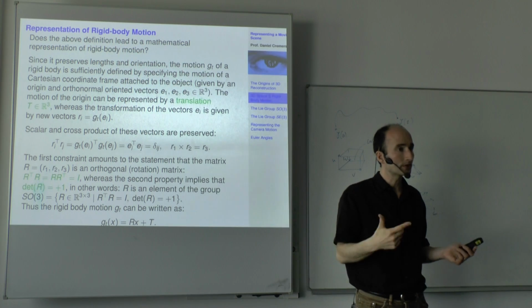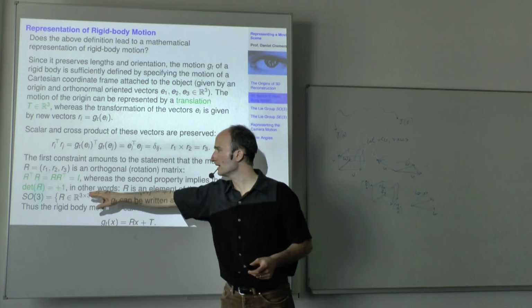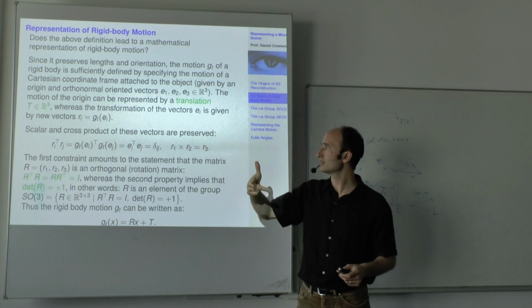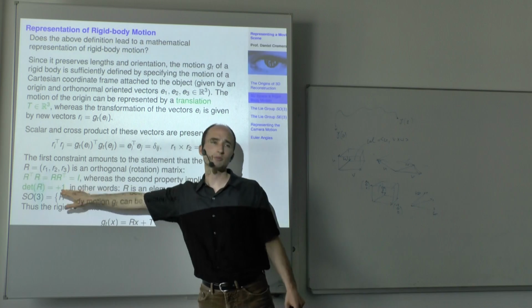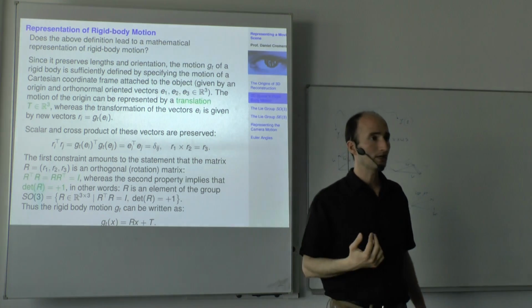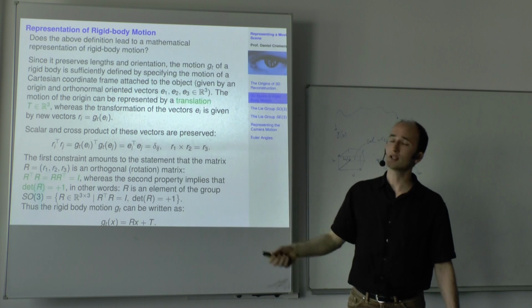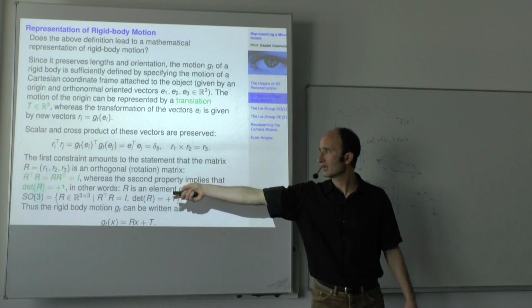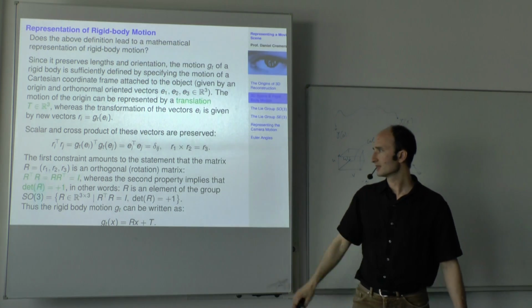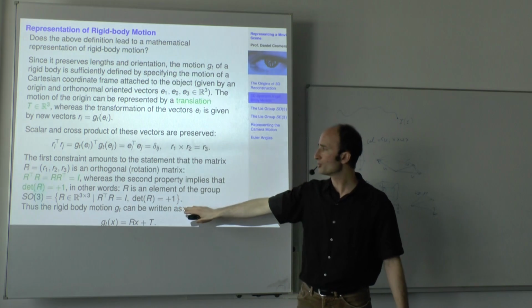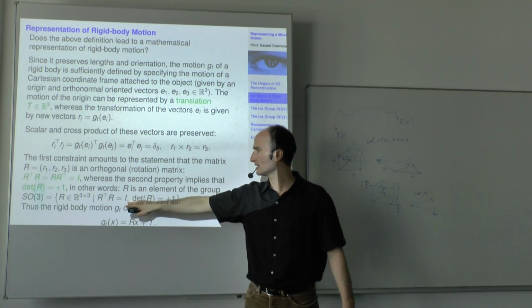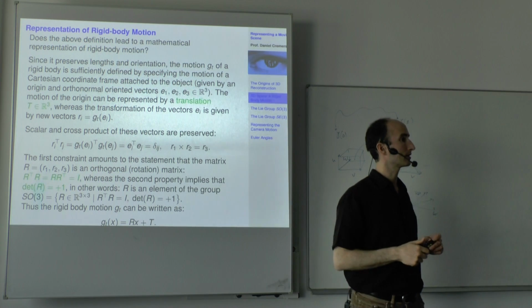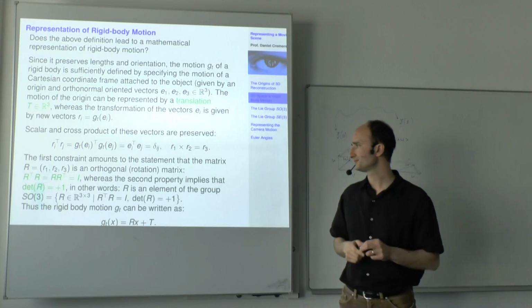I have either rotations, or I have in addition a mirroring if the determinant is -1. If the orientation is preserved in the rigid body motion, the determinant must be +1, meaning the matrix R is indeed a rotation matrix, a matrix that is orthogonal with determinant +1. And as you may recall, this group of invertible matrices which are orthogonal with determinant +1, we call the special orthogonal group, SO3.